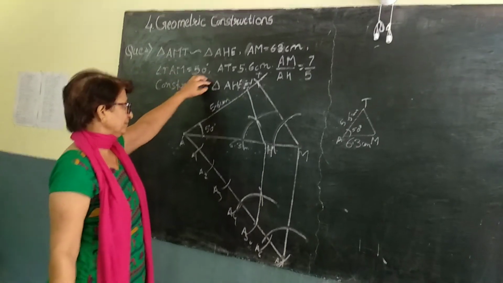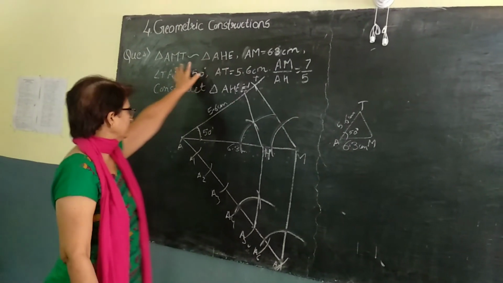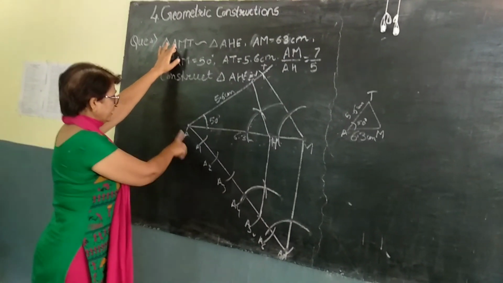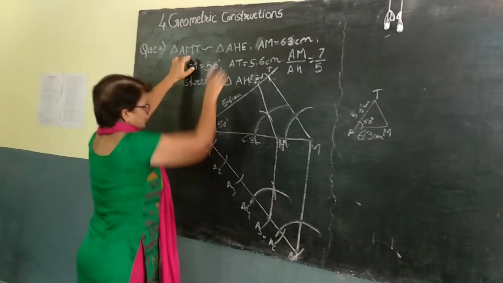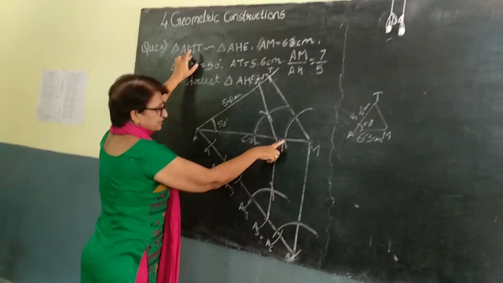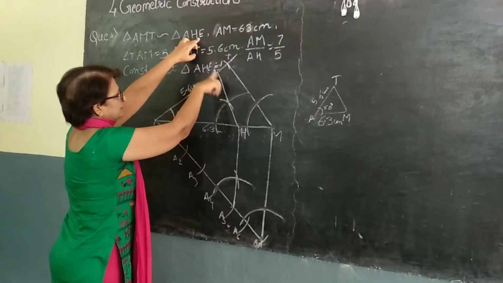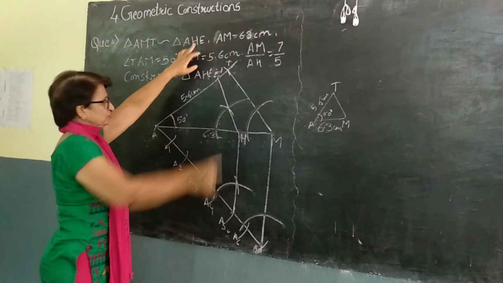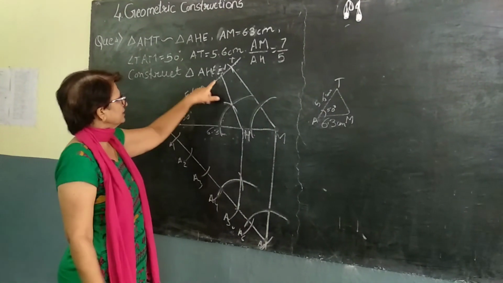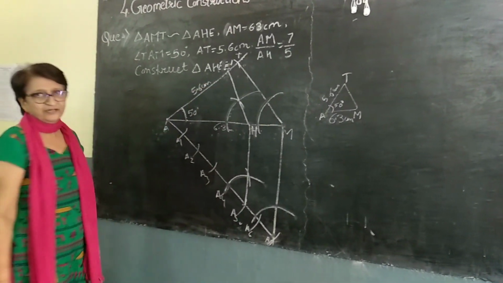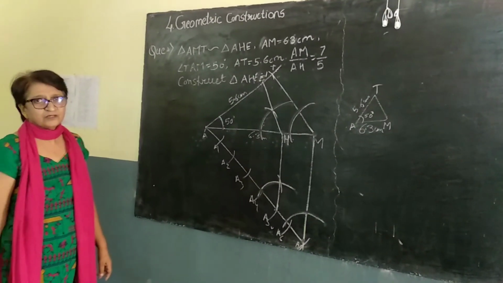They don't have the same names, they are having different letters. So be careful. If this is A, then I have A. M becomes H. Then T becomes E. So now AHE is your required triangle. Okay? Thank you.